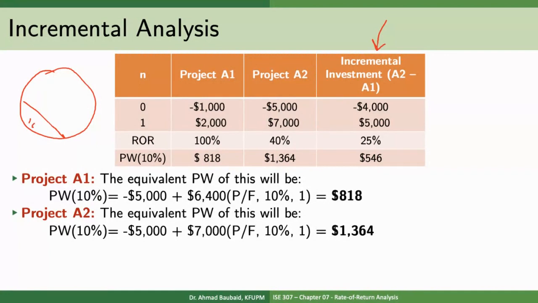Here I have 1,000, and the total is 5,000. In project A1, I'm taking out $1,000 from my investment pool. Project A2 uses the entire investment pool. And so my question should be, is it worth it to invest this additional $4,000 in project A2?